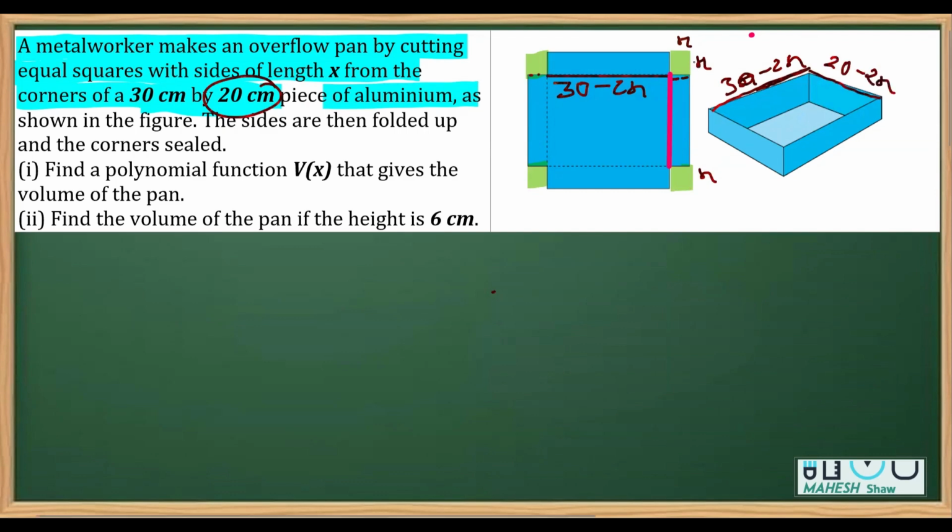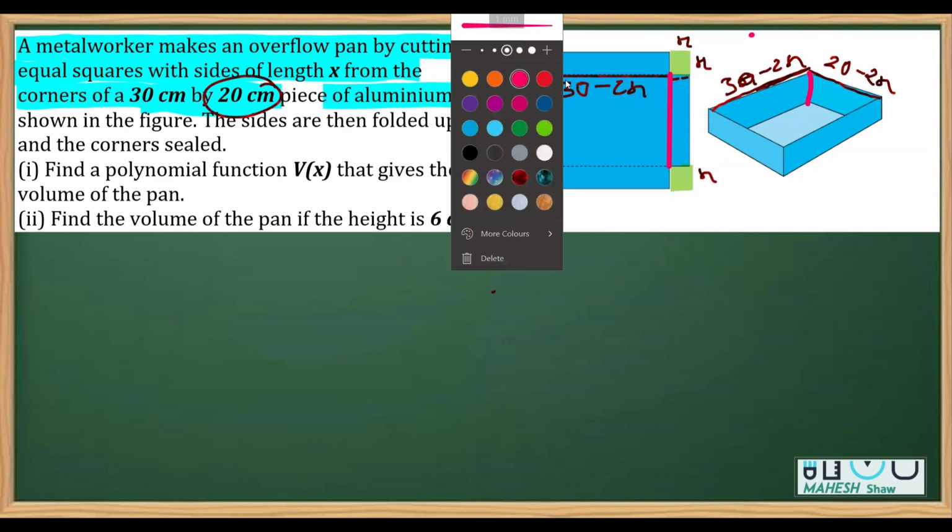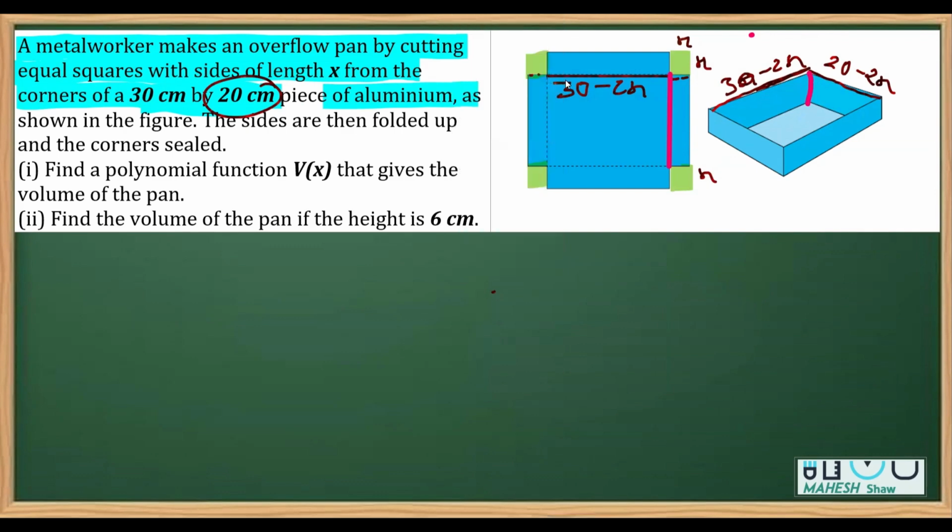And this is going to be the height. The height is given as x, because this part folds up. I can show you from here that this is going to be the height, which is x.